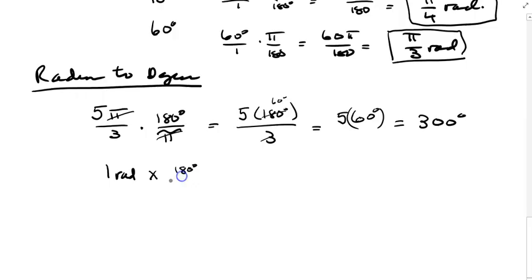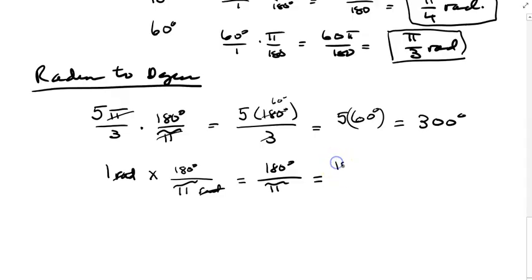You still use degrees in the numerator, pi in the denominator. So technically, this is pi radians, so they would go away. And you have 180 degrees divided by pi. Well, yeah, gets us right back to where we were.